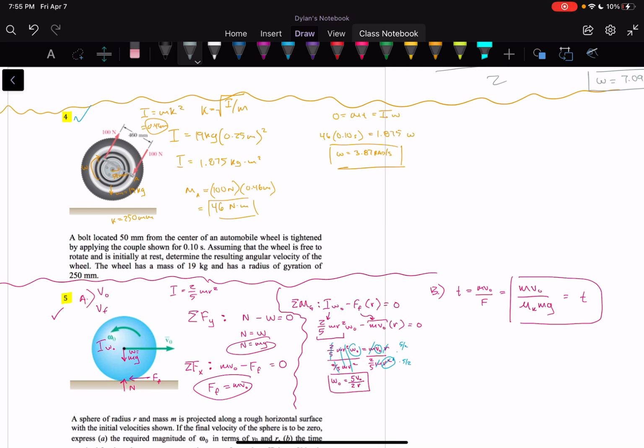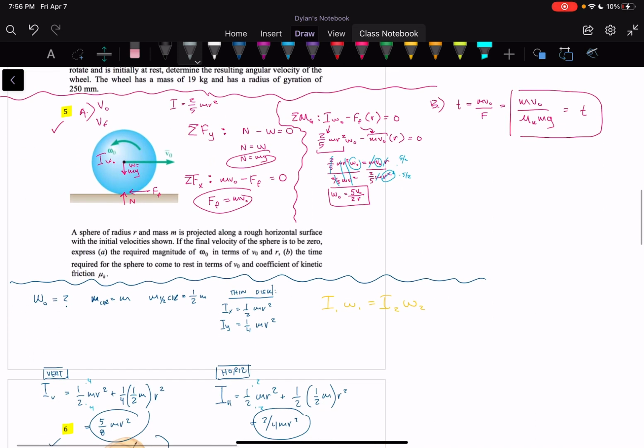Once we find our mass, then we're able to solve for I omega by F equals ma, or F equals I omega. Yes, so that's our total moment.